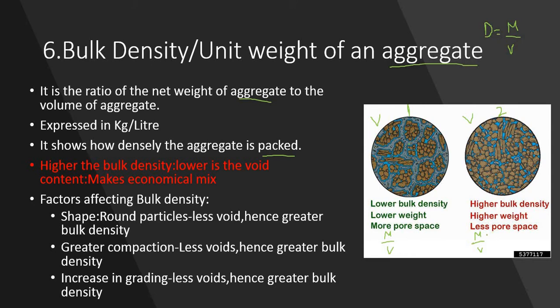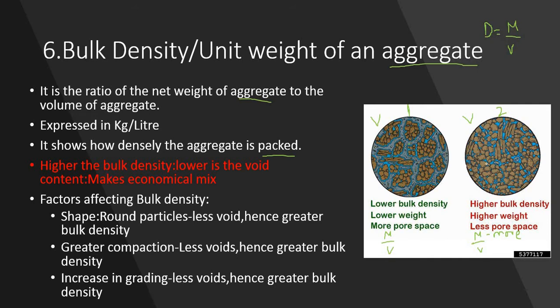Obviously mass will be more in the second diagram, because it is closely packed. If mass is more in the second diagram, whose density will come more? Obviously the bulk density of the second diagram will come more compared to the first diagram, because the mass of the second diagram is more. You can see from the picture only, right?